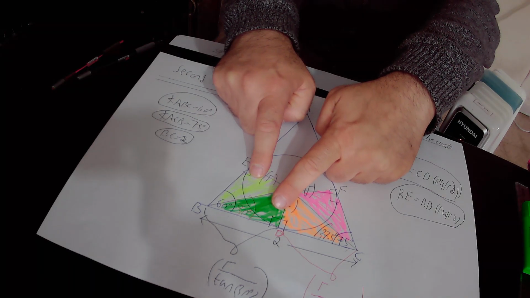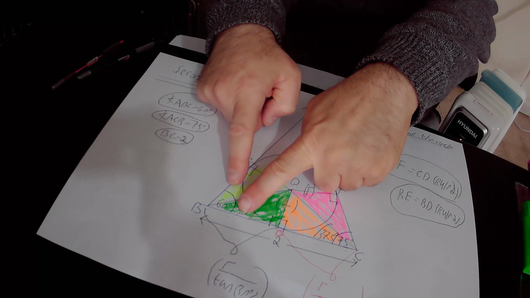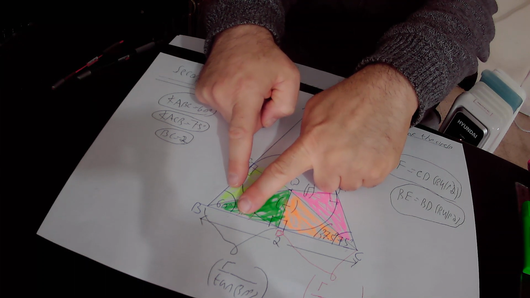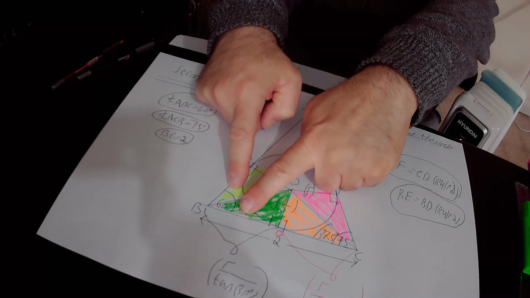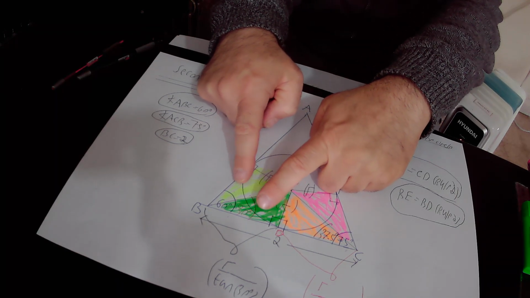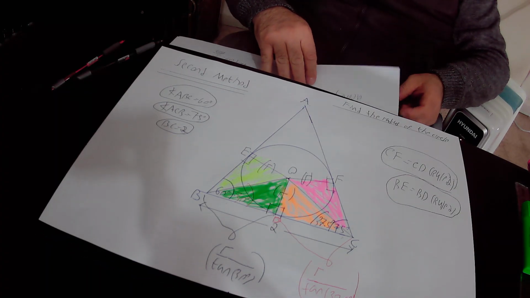And from the fact that those two right triangles are congruent, we derive that those two angles must also be equal to each other, according to the rule that corresponding angles in congruent triangles are equal.